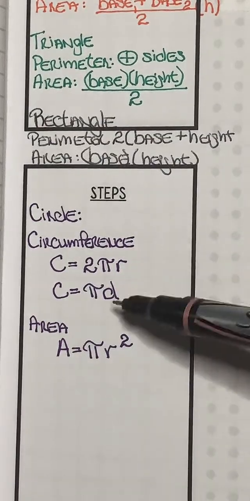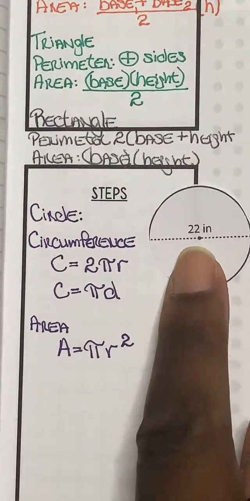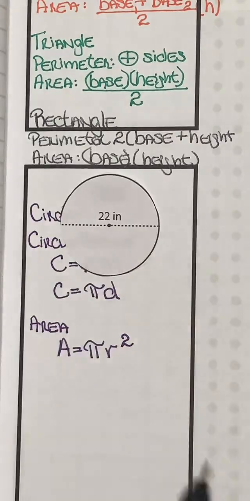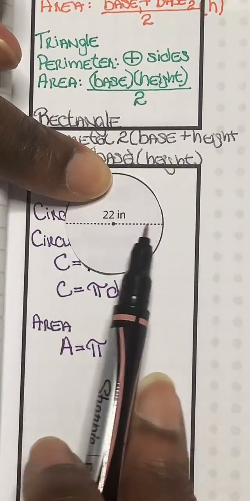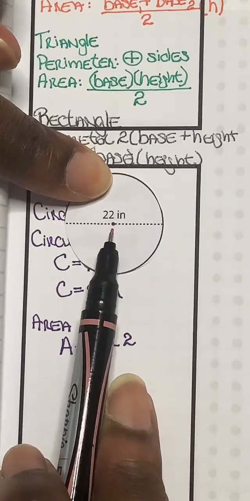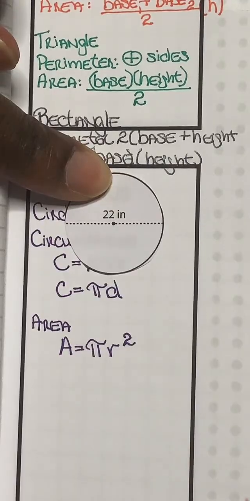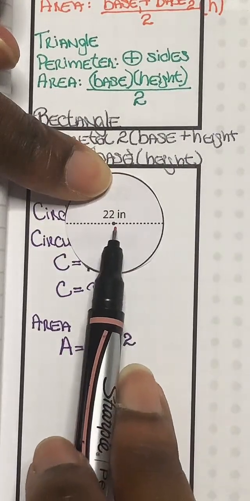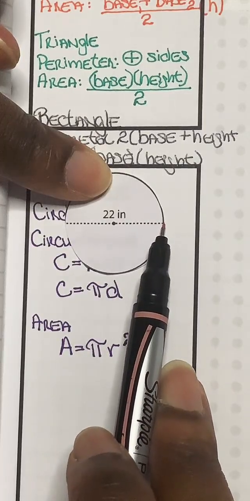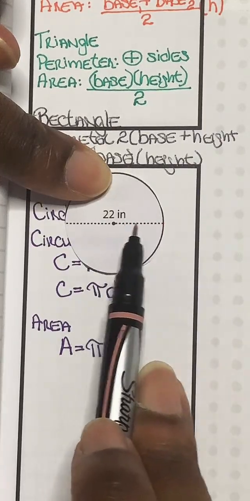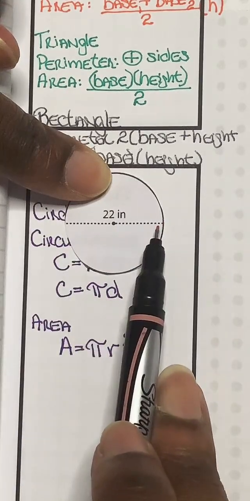The reason why we can do this, if I take a look at this lovely circle, straight across from one end of the circle to the other, and it goes through the center of the circle, that's called my diameter. The radius, on the other hand, starts at the center of the circle and it goes to another point on the circle.